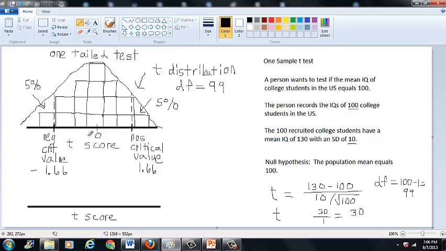Based on that, they choose ahead of time which critical value they're planning to use. If the person thinks the t-score will be positive, they select the positive critical value, and they have to use that value.